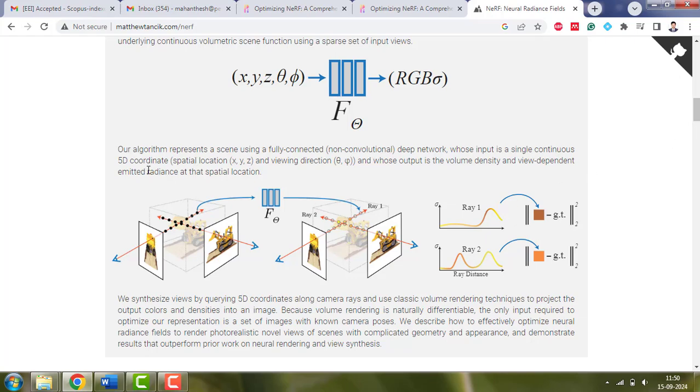With a single fully connected non-convolutional deep network, whose input is a 5D coordinate, which includes x, y, z, which are 3 coordinates, and theta, phi from the other coordinate system, they generate volume density and view dependent radiance at that spatial location, which is very good.